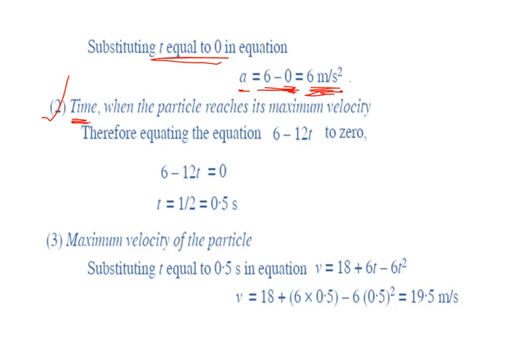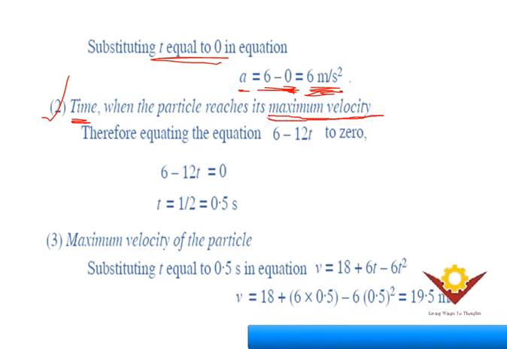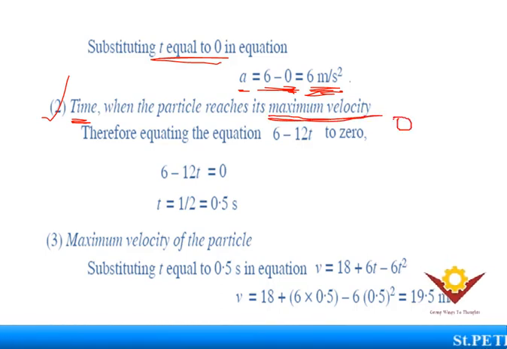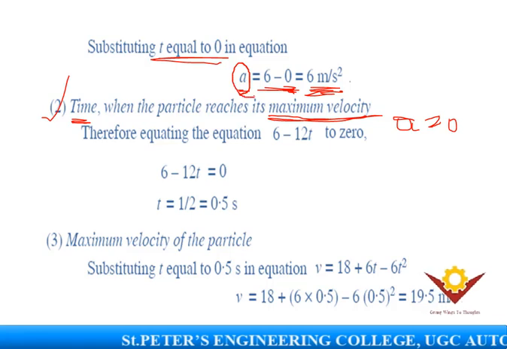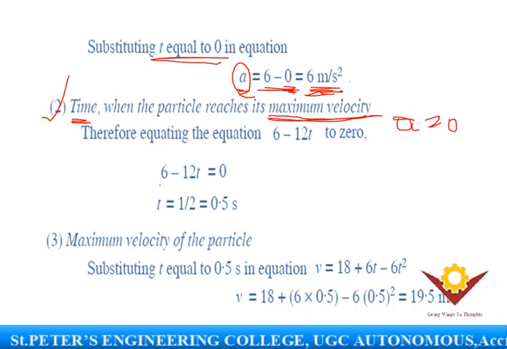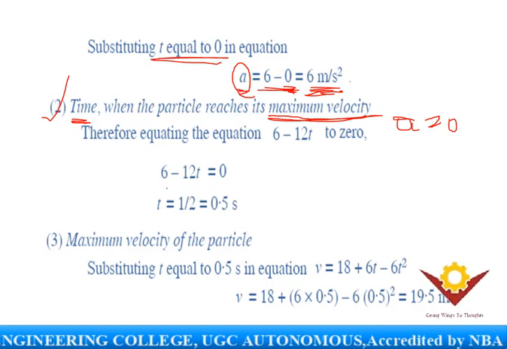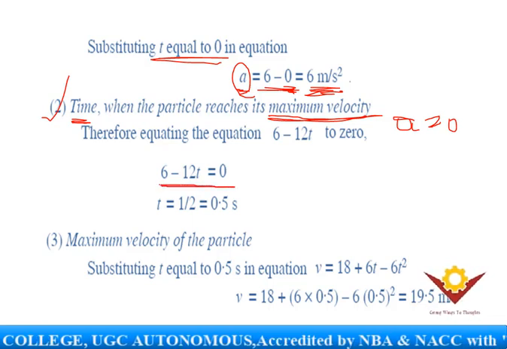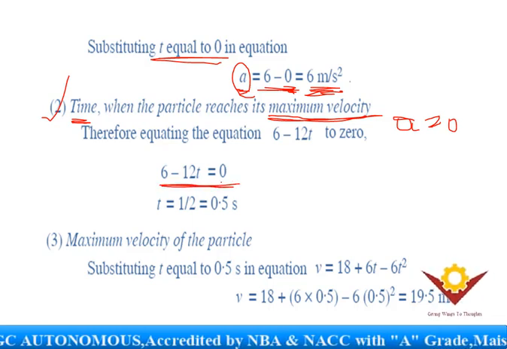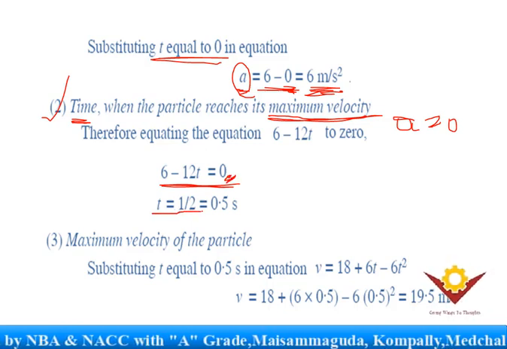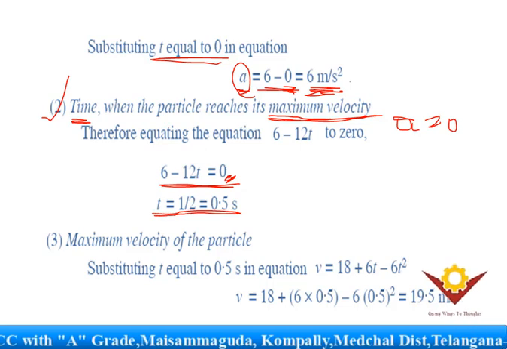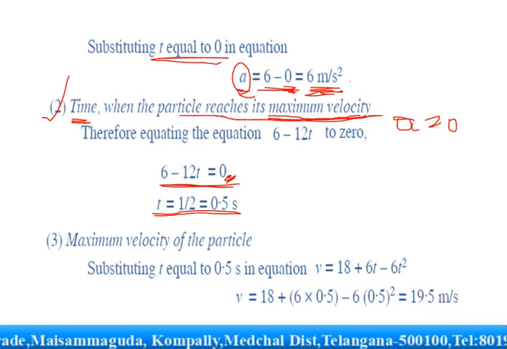We require time now. So when the particle reaches its maximum velocity, I already said that when the velocity is maximum, your acceleration is equal to 0. Now substitute 0 in the above equation, a equals 6 minus 12t. This is your equation for the acceleration. For the maximum velocity, your acceleration is 0. If you substitute here, you get the time when the particle reaches its maximum velocity.